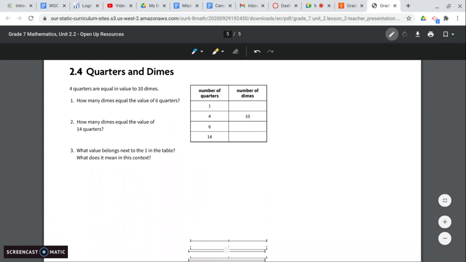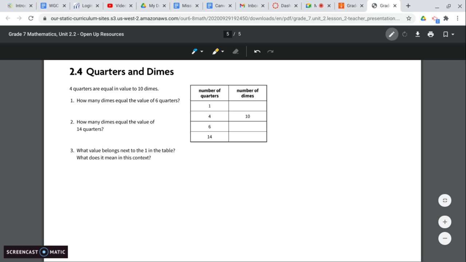Well, finding how many dimes represent 1 quarter is going to help us. So 1 quarter is how much? It's 25 cents. And so how many dimes is that going to take? Well, 2 dimes is 20, 3 dimes is 30.